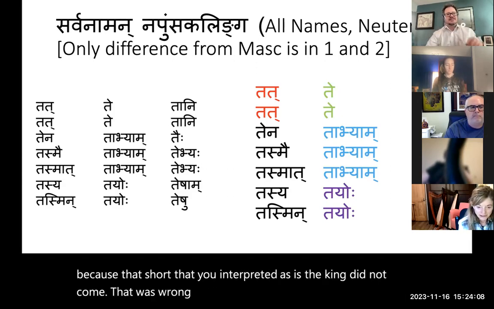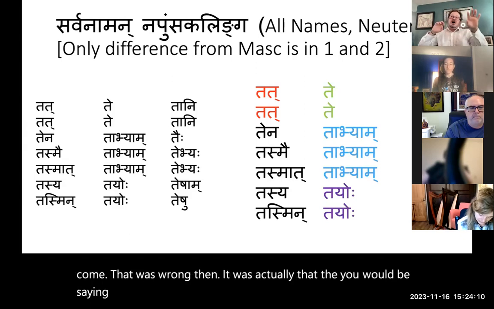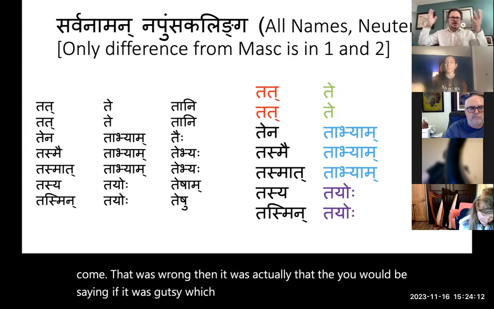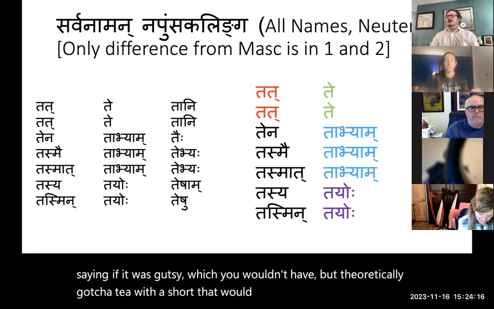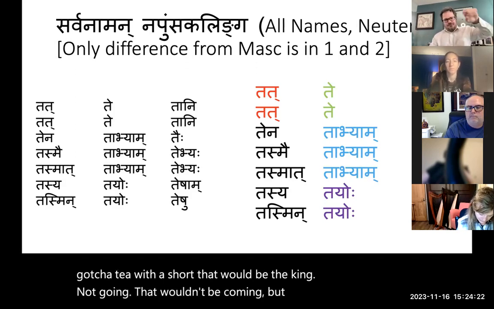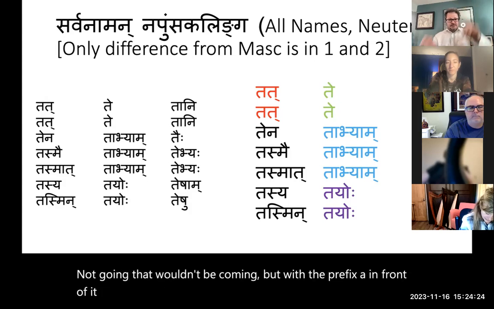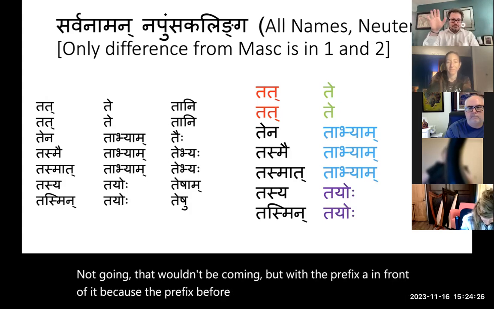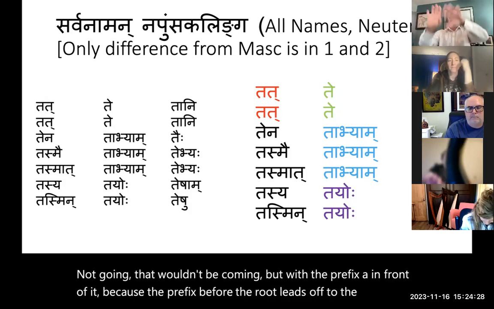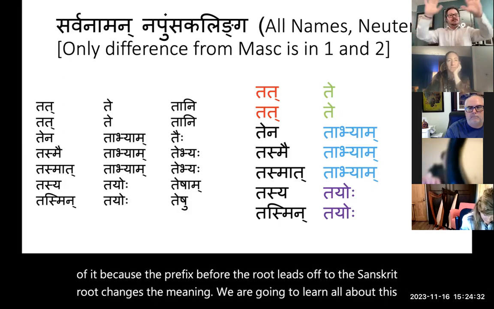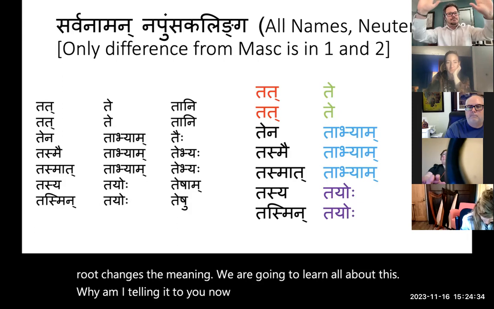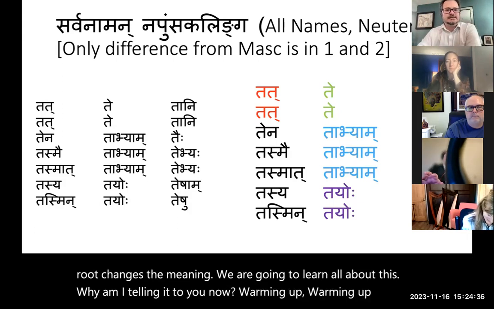If it was gachati, which you wouldn't have, but theoretically, gachati with a short a, that would be the king not going. That wouldn't be coming. But with the prefix a in front of it, because the prefix before the root, the dhatu, the Sanskrit root, changes the meaning. We're going to learn all about this. Why am I telling it to you now? Warming up to all these ideas.